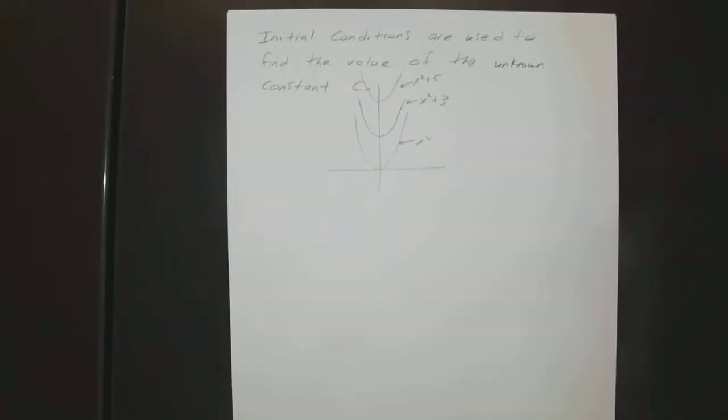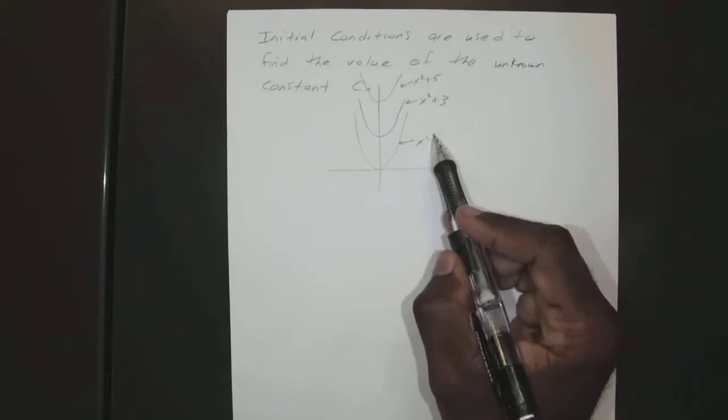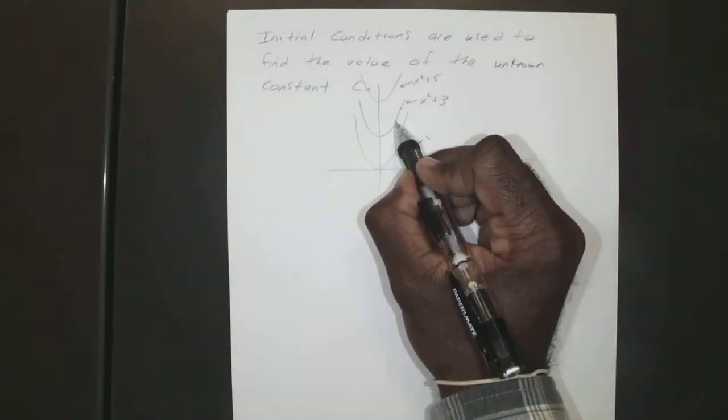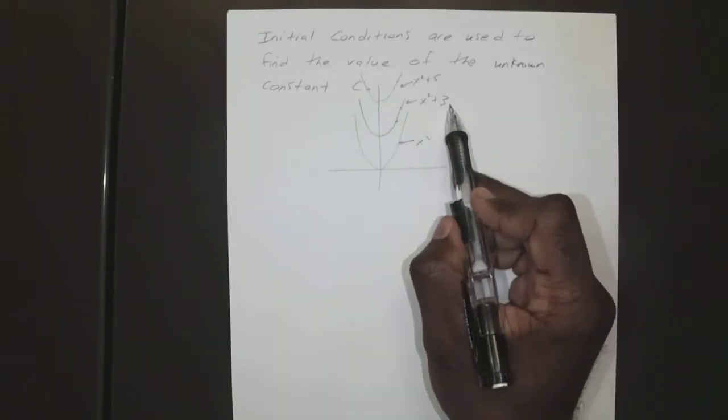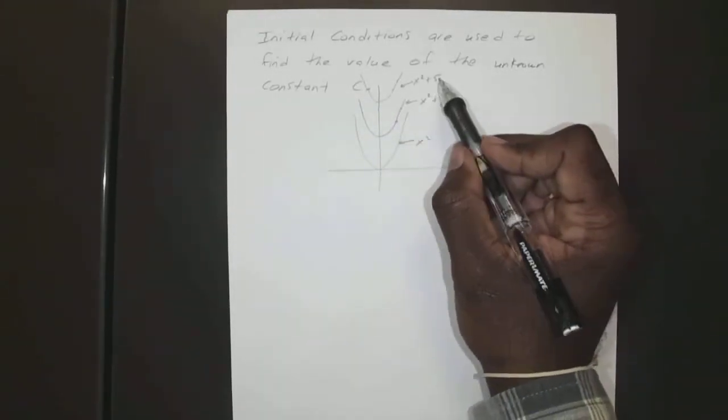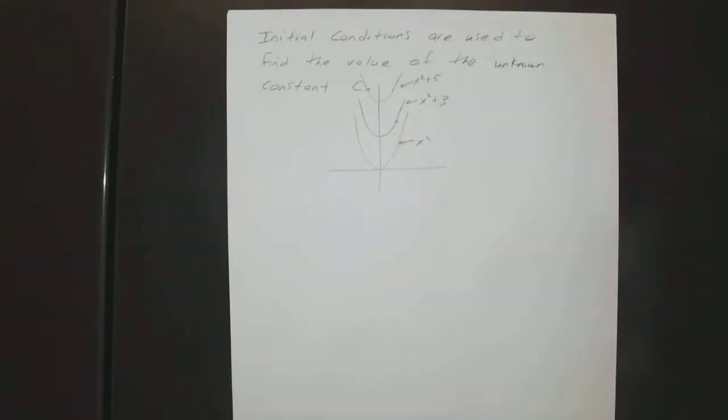If you knew just where one point was, you could figure out which one you were talking about. You could figure out your C. If it's 0, it would be there. So if you had a point right on this graph, then you know your C would equal 3. If your point was here, you know your C would equal 5. So if we give you one point, you can figure out exactly what your C is.